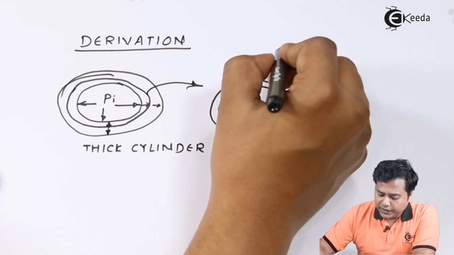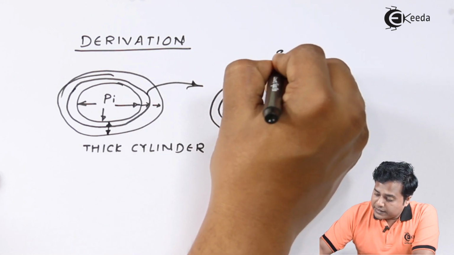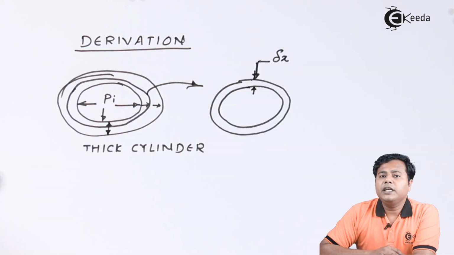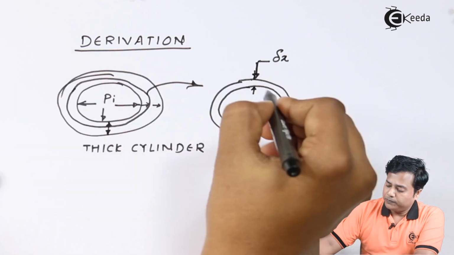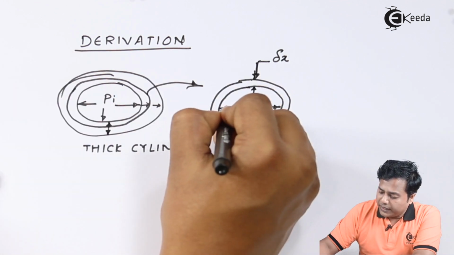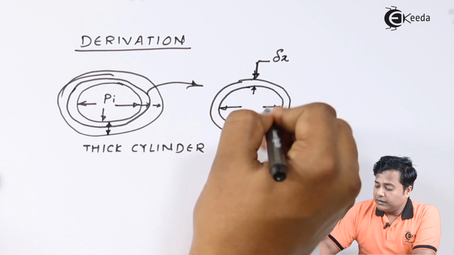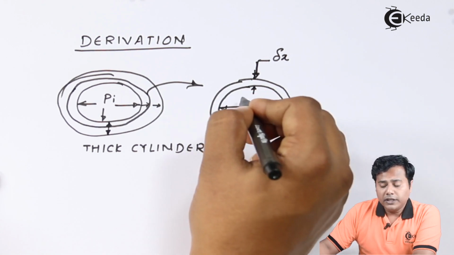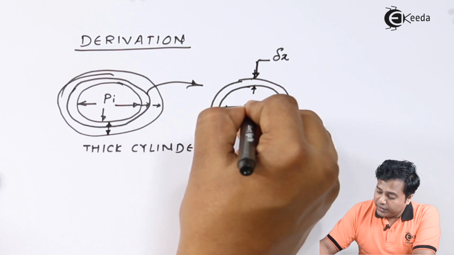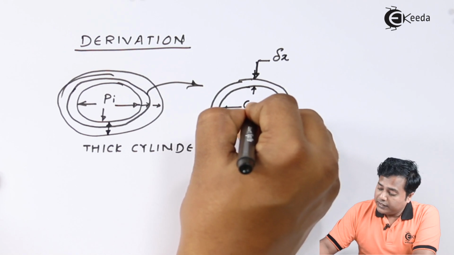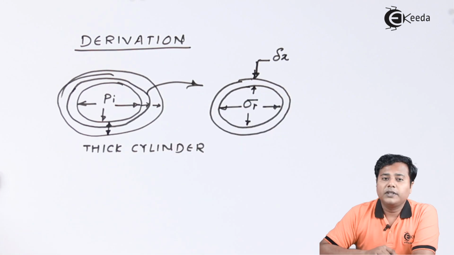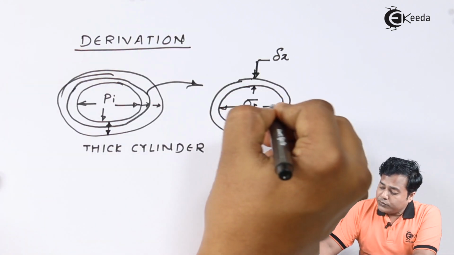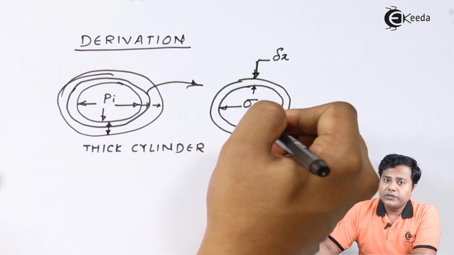Let us denote it with dx. So dx is the small thickness. Now let us assume that inside this strip that we have considered, the pressure acting is actually radial pressure, of course, and let us say it is sigma r. So that radial pressure which is acting inside it is going to vary on the outside. That is what we have seen.